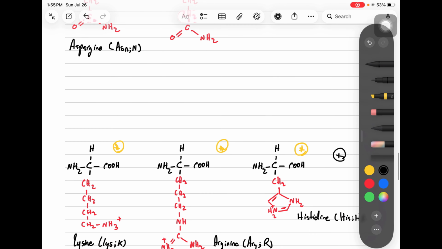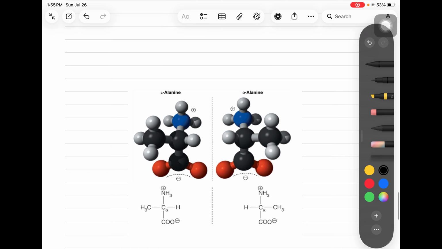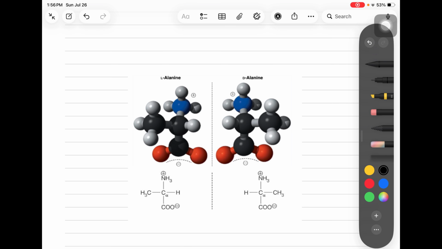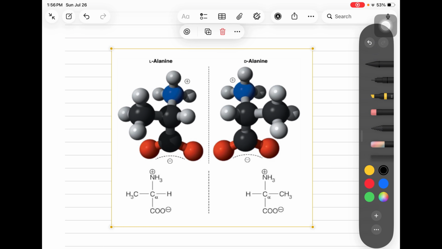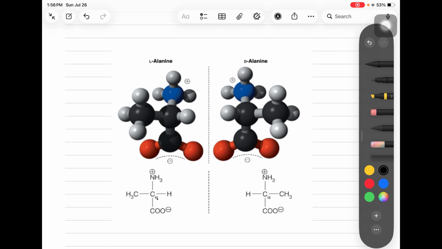Let's go about the chirality. So we're going to talk about why shape matters. Let me make this bigger. We have an alpha carbon here, and if you look at it again, it's bonded to 4 different groups arranged in 3D space around the central point. Anytime a carbon has 4 different substituents like that, it's called a chiral center.